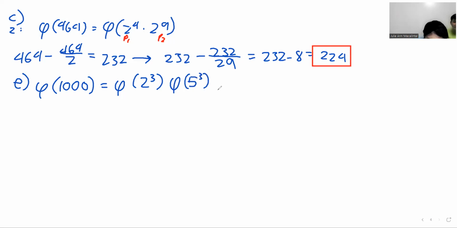It will be easier if you just break it down. So they are all primes to some power. 2 cubed minus 2 squared times 5 cubed minus 5 squared.